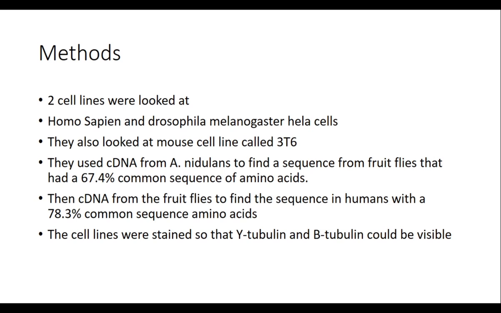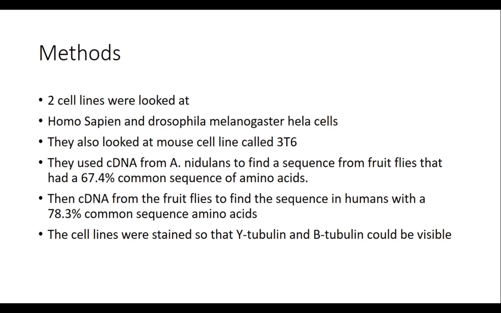First, they used cDNA. cDNA is complementary DNA, which is just RNA that has been reverse transcribed into DNA. They used cDNA from A. nidulans to find a sequence from fruit flies that had a 67.4% common sequence for amino acids, which was very important.